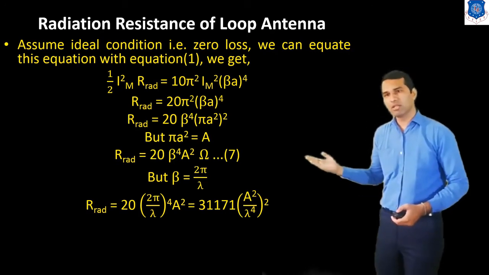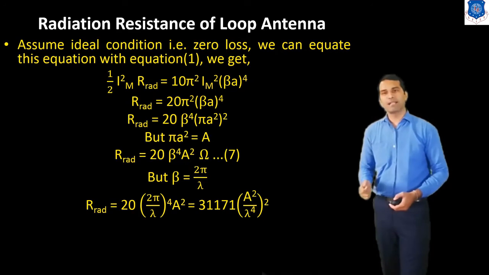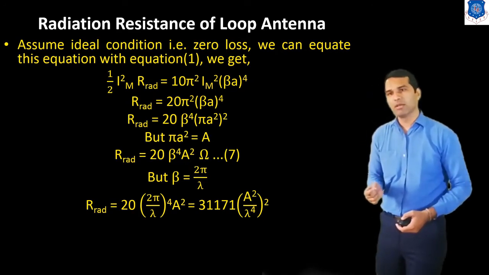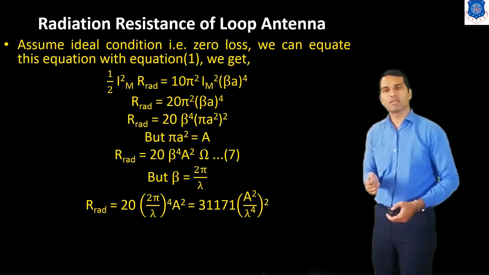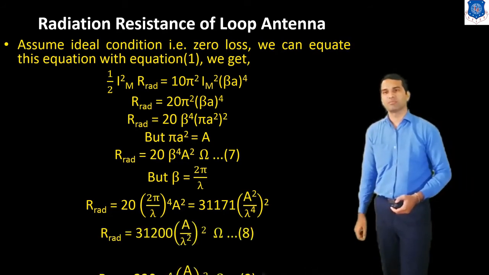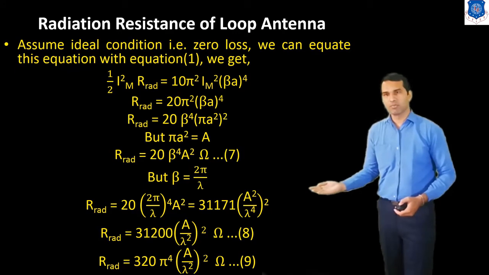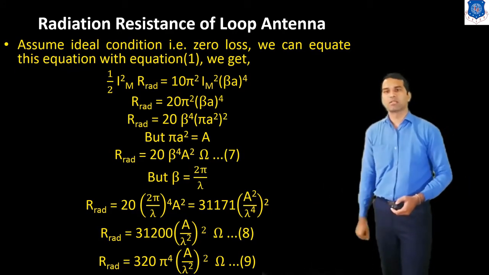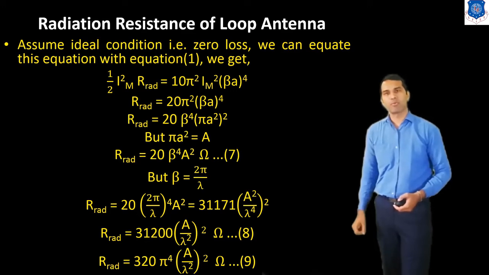So when we solve this term, we get R radiate, that means radiation resistance, equals 31171 A²/λ⁴. So in simple terms, we can write this as approximately 31200.